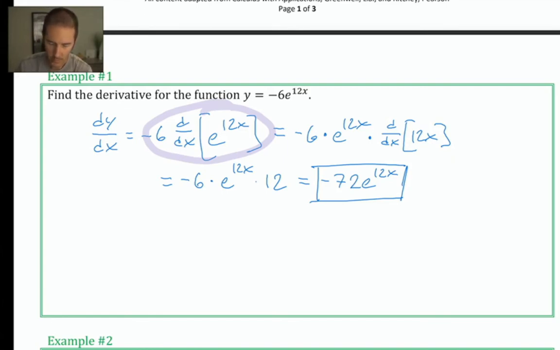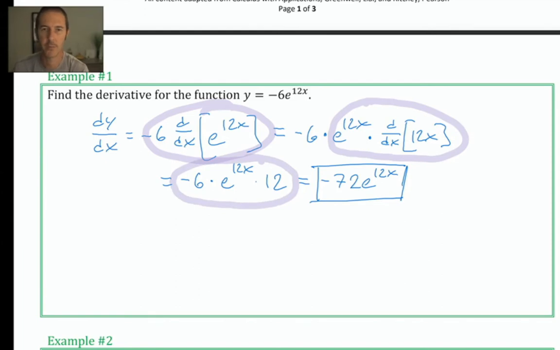Secondly, we started the process of taking the derivative of e to the 12x. Being mindful of the chain rule, we get e to the power of whatever that expression is, but then remembering that we have to multiply by the derivative of the exponent. In the second to last step, I did take the derivative of the exponent, and then after that we just cleaned it up with multiplication.